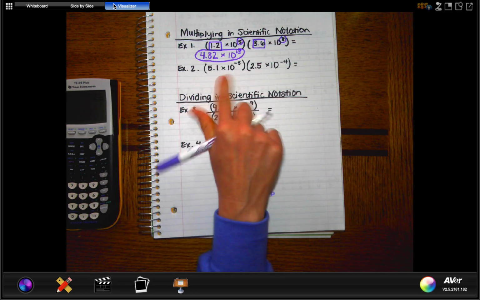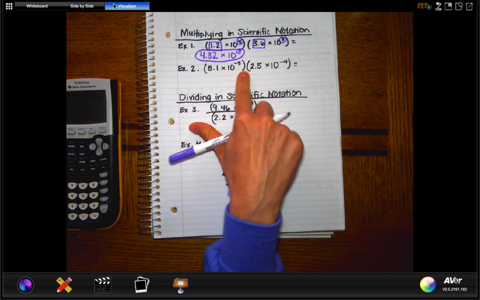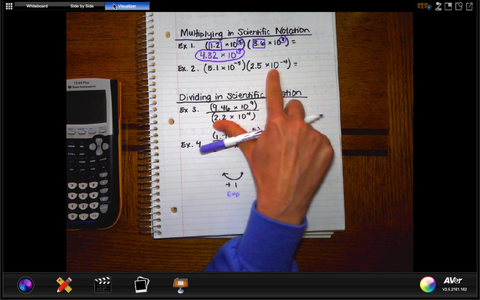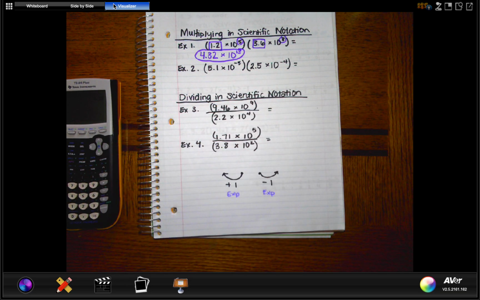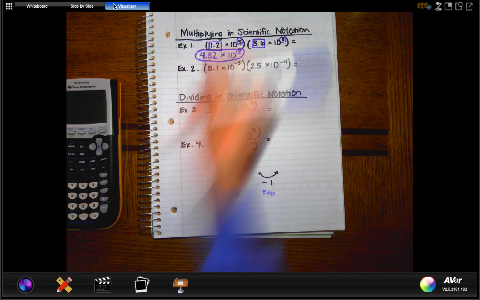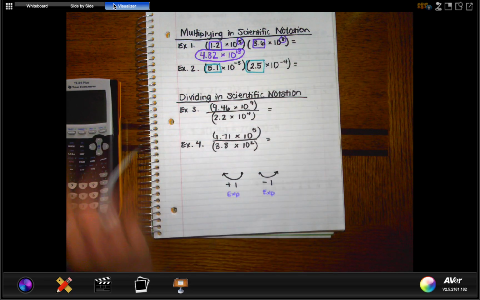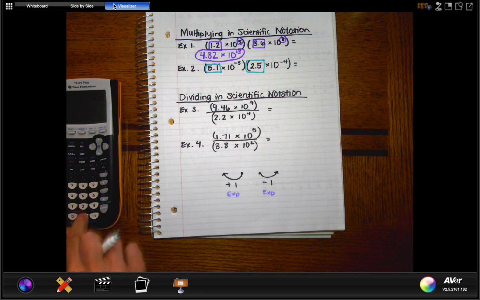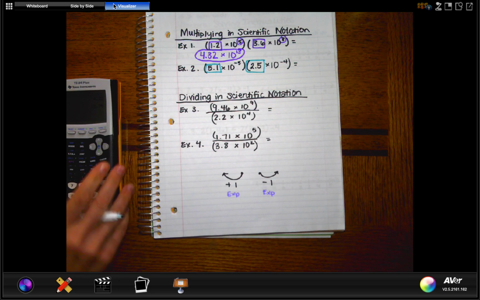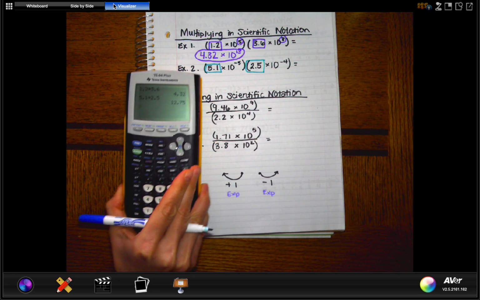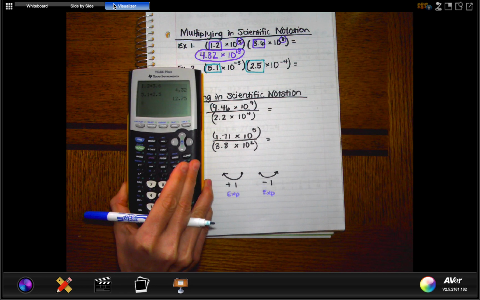Okay, let's try again. 5.1 times 10 to the negative 5 times 2.5 times 10 to the negative 4. Again, first step here is going to be to multiply your base number. So we're going to multiply 5.1 times 2.5, and I'm sorry you can't see that on my calculator, but it comes out to be 12.75.